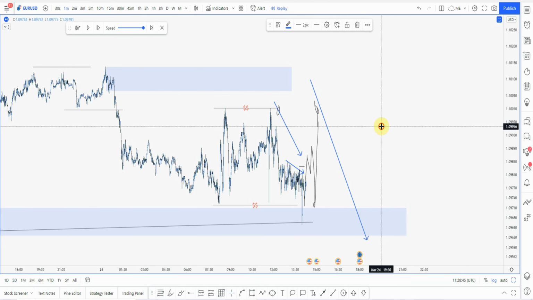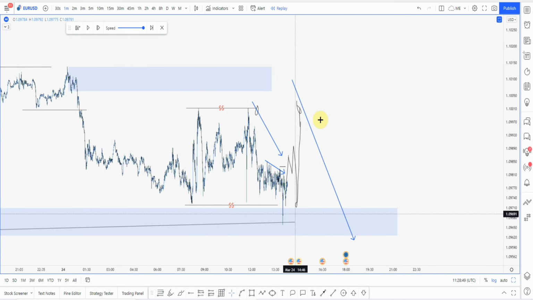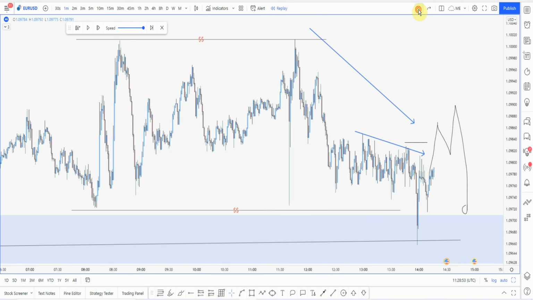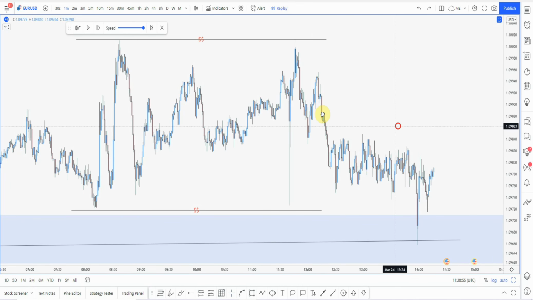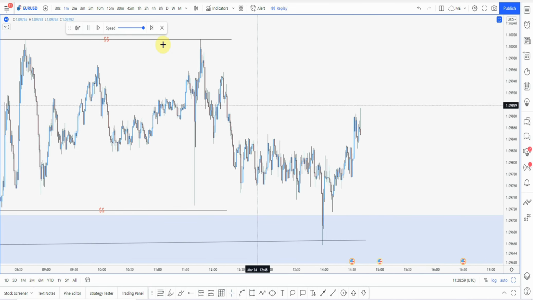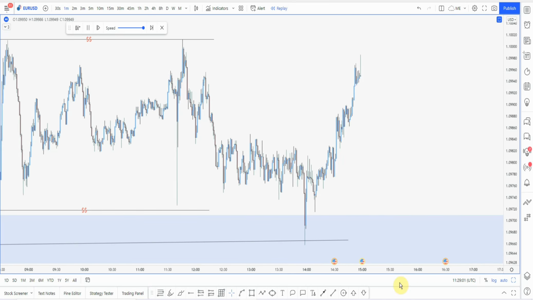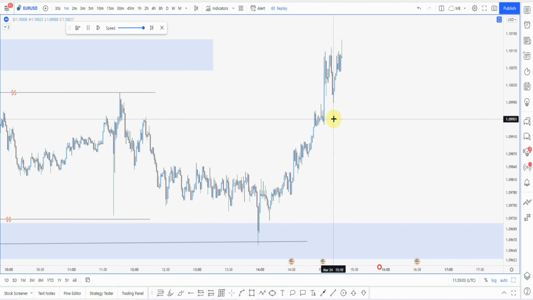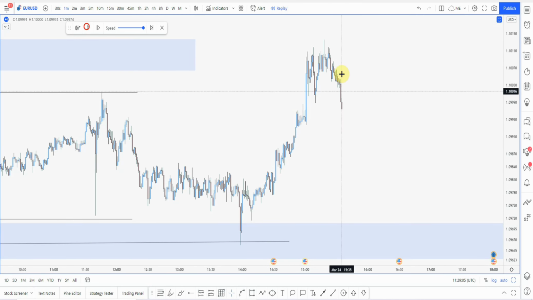Okay, the market mitigates here, the market builds liquidity, broke structure to the upside. You see, very strong reaction to the upside, and I entered my trade here.